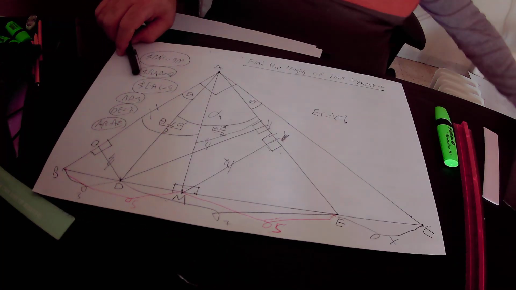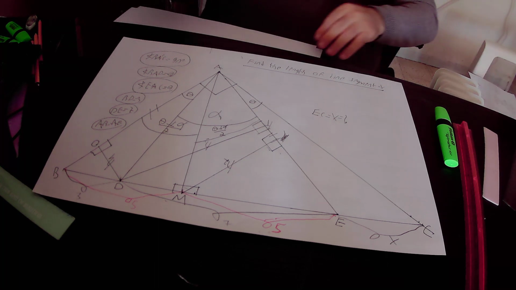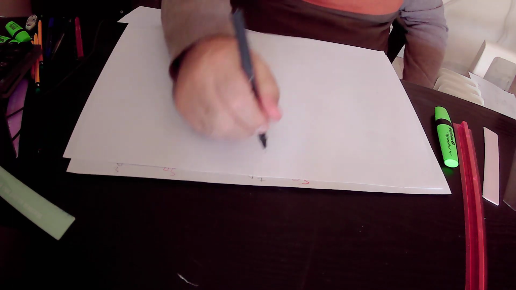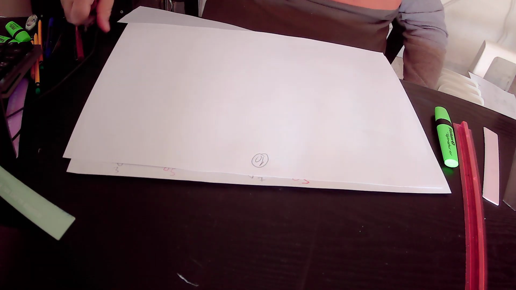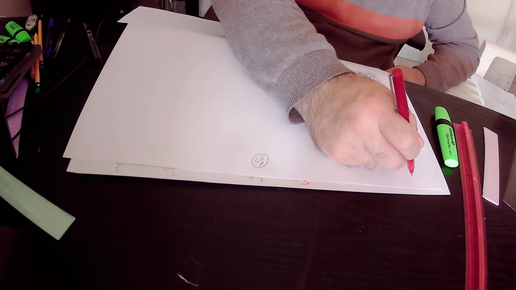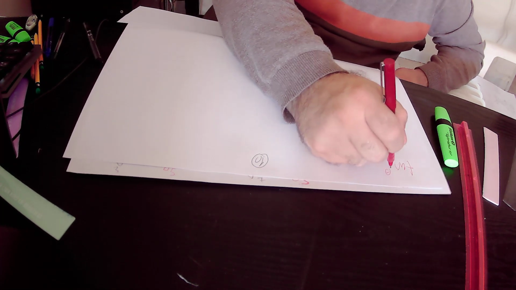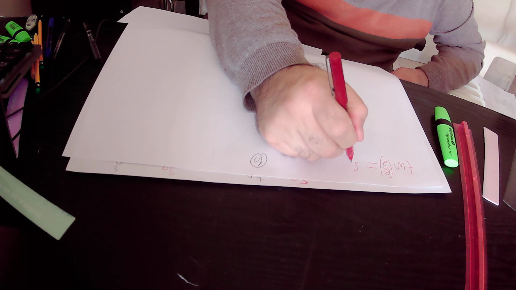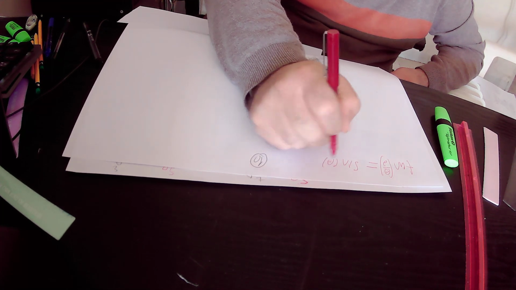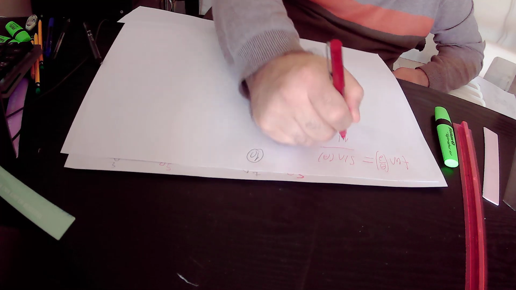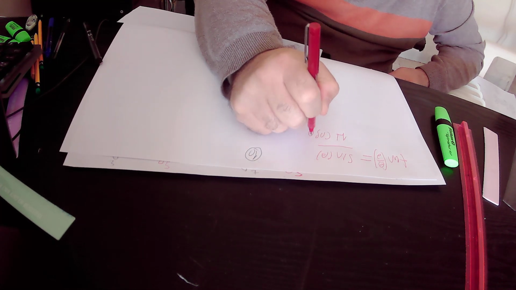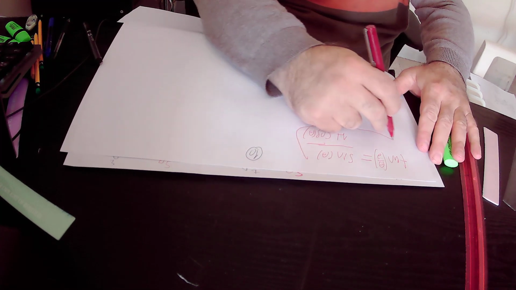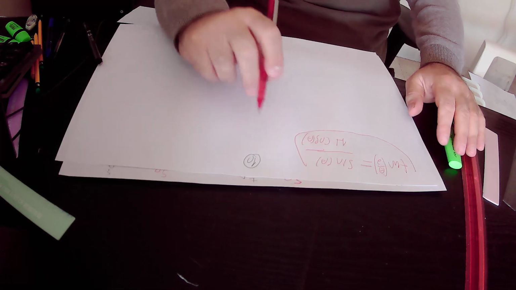We actually have a trigonometric identity for tangent theta over 2. According to the following trigonometric identity, the value of tangent theta over 2 is equal to sine theta over 1 plus cosine theta. Okay? So we use this trigonometric identity in order to find out the value of tangent theta over 2.